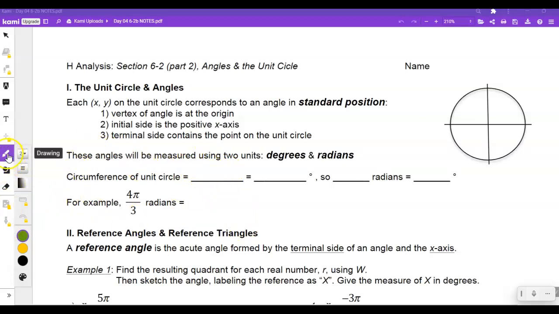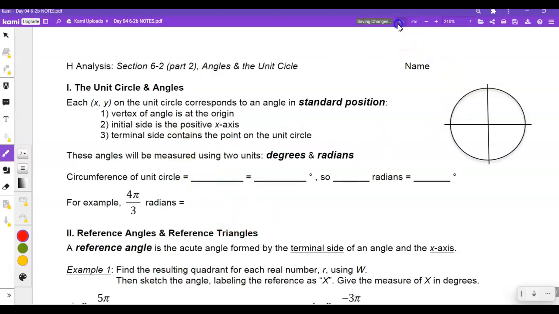Just to begin, recall that everything we're doing revolves around the idea that the circumference of a circle is 2 pi. Okay?